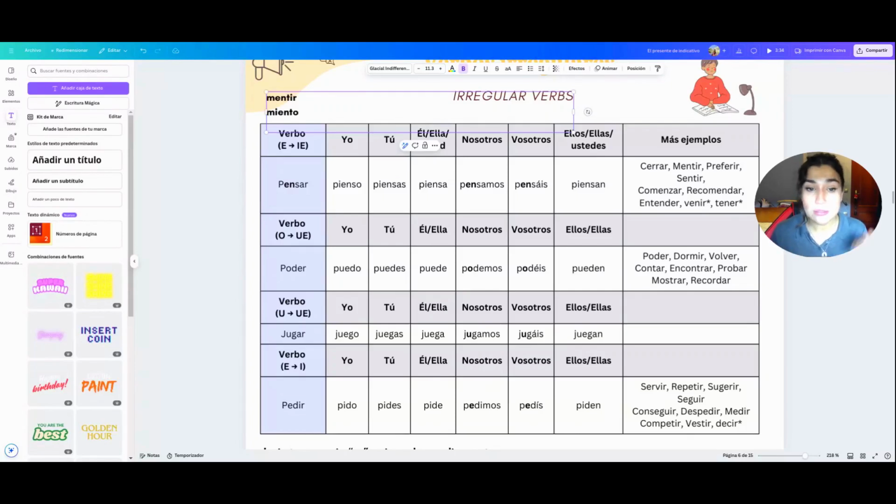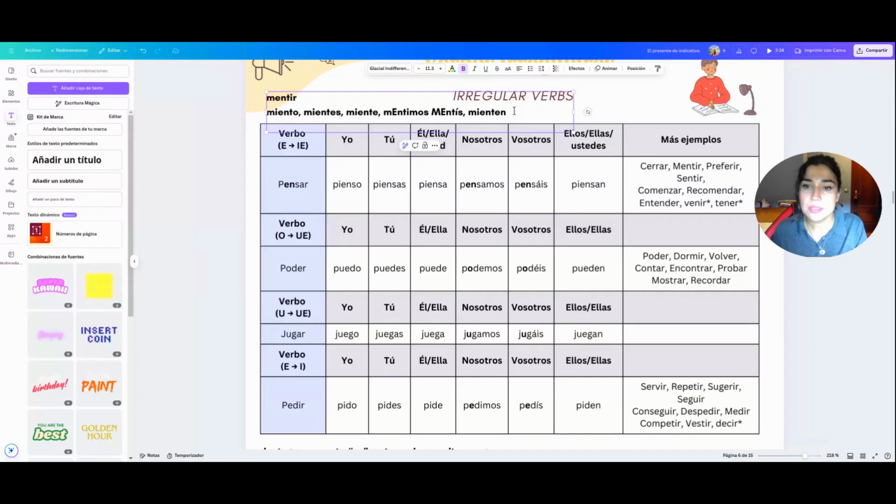Yo miento, remember? Yo miento, tú mientes, él miente. But nosotros, vosotros, they keep the regular one. They don't follow the irregular rule. So here it will be yo miento, tú mientes, as we said before, miente, mentimos, mentís, mienten.